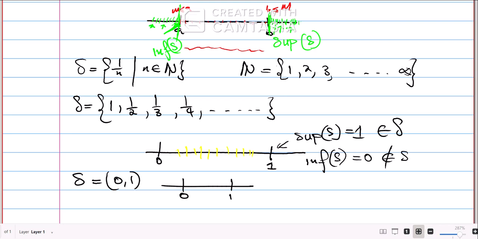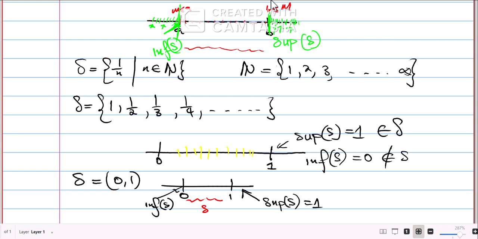This is our S. Now the infimum of S is 0, then the supremum of S is equal to 1.